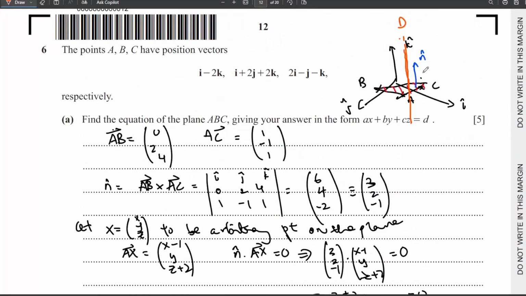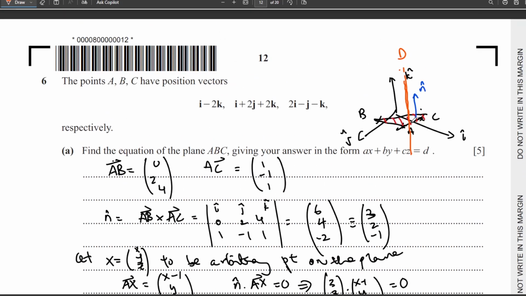Just now we already found the normal of ABC, so let's find the normal of ABD. Let's give an arbitrary point D here, just for the sake of comparison. Then for the plane ABD, something like that, you'll find another normal vector, maybe n2.